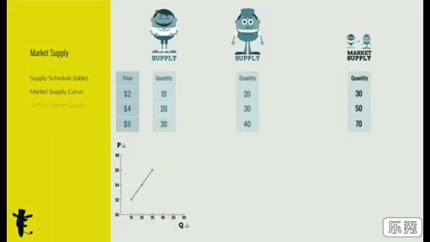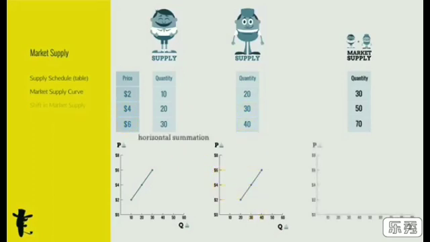Well, that's John's supply curve. And this is Tom's supply curve. Let's do a horizontal summation.